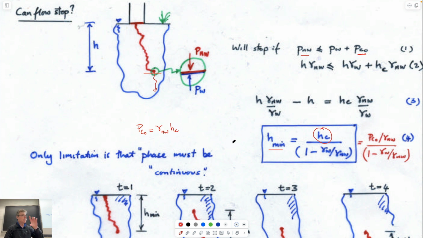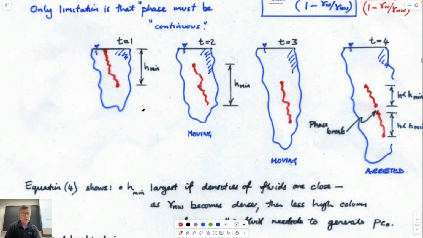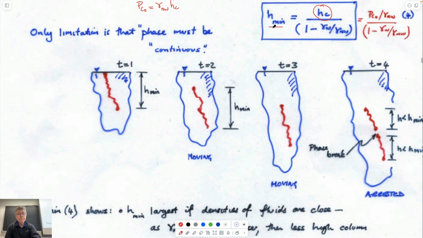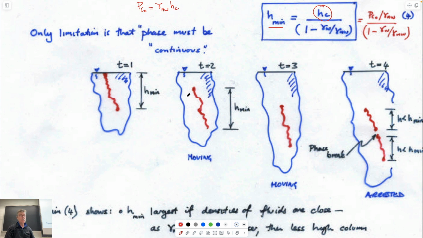If the height of this red fluid is less than that, then it doesn't have enough pressure acting at the tip to be able to move. So the implications of that are that it has to be this length to be able to invade. But I guess also the other thought experiment is if it's that long and it can invade, then so long as it's longer than this minimum height, then it will just keep on going.